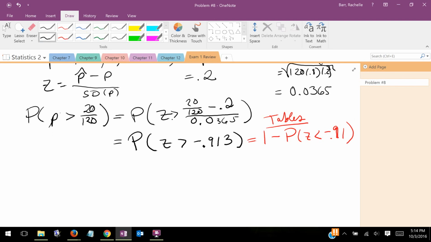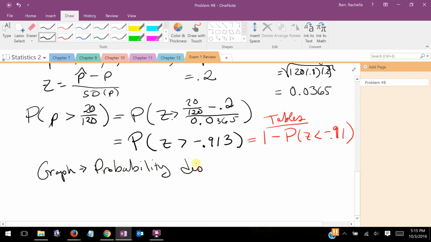In Minitab, I used graph, or sorry, not that, probability distribution plot. I chose normal.